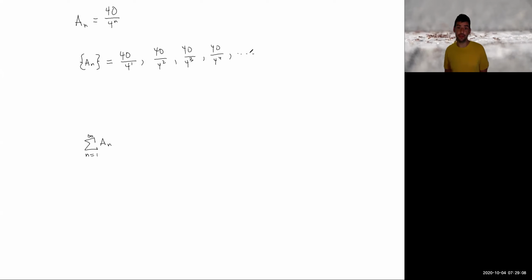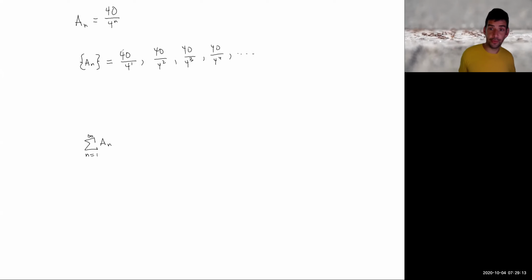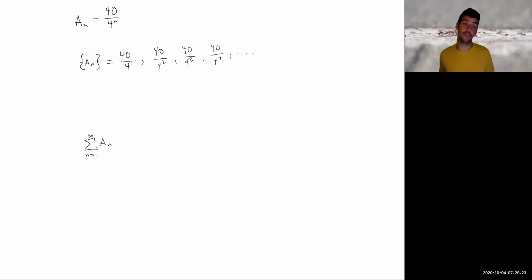It's a list of numbers, okay? So a series, remember, adds those numbers up, but the sequence is just a list of numbers. And so all we're asking here is, does this list of numbers approach something? Not adding them up, just the individual numbers.